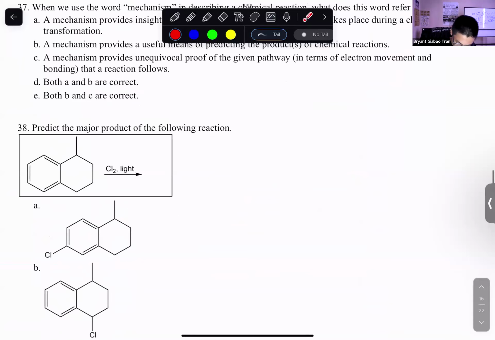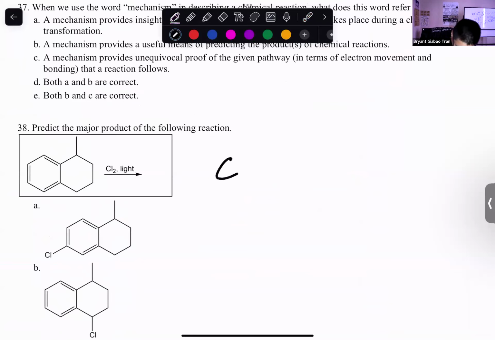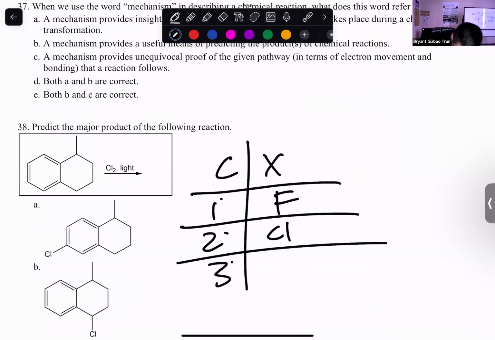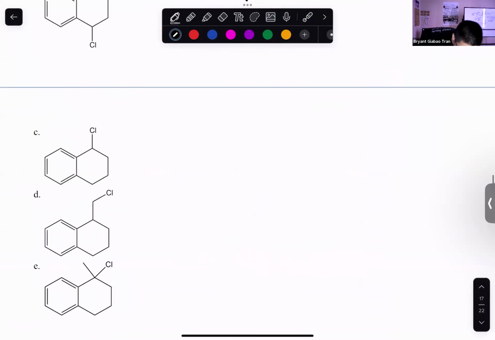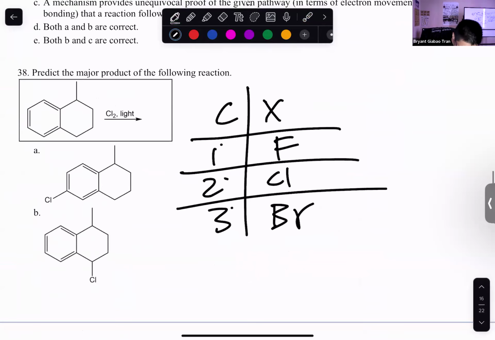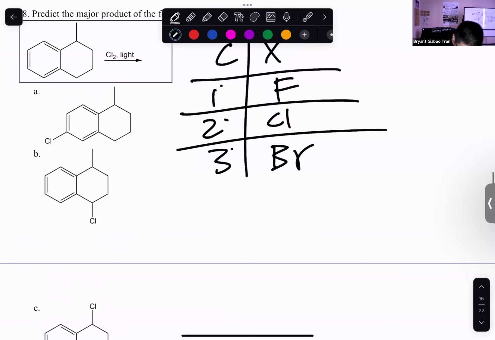So chlorine prefers to be on the secondary carbon, because if we draw out the table again: primary fluorine, secondary chlorine, tertiary bromine. It's not E because this is tertiary. So it's going to be some secondary thing, which is going to be B.